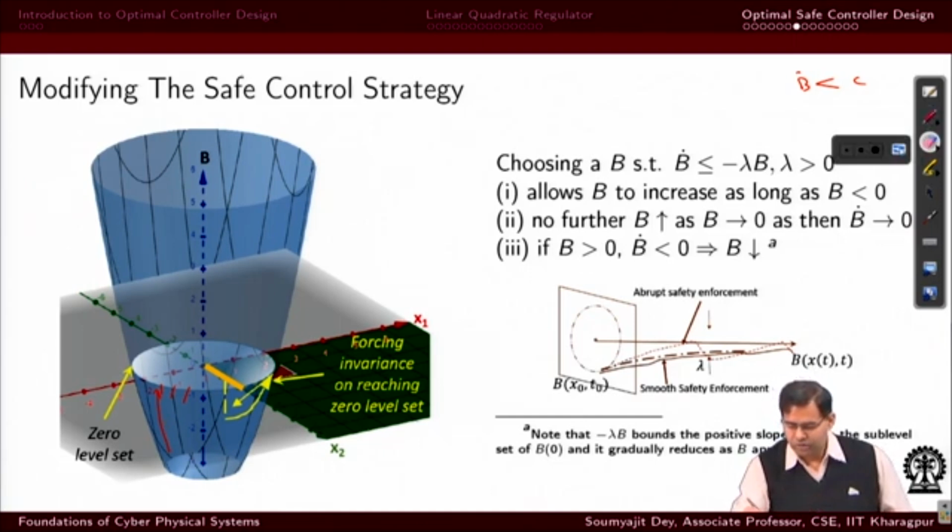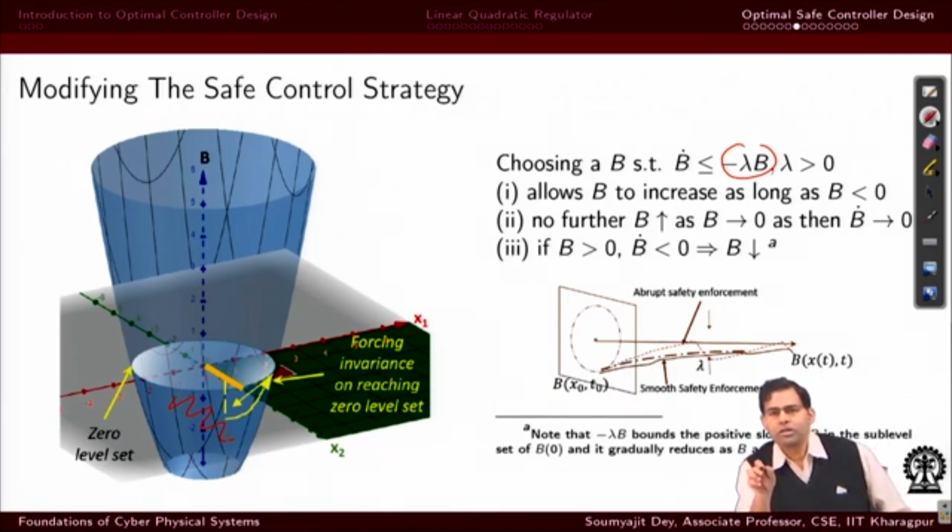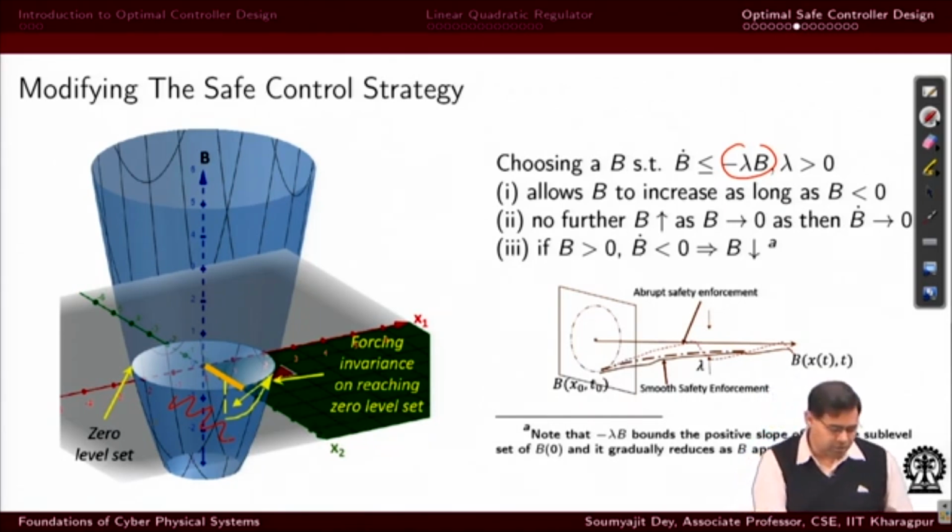How do I ensure that? Very simple. We use this kind of a constraint. As long as the value of the barrier itself is negative, that means I am somewhere here. I am saying that the derivative is less than a positive value. That means the derivative can be negative as well as positive. So I can be anywhere here, I can increase, but when shall I stop increasing?